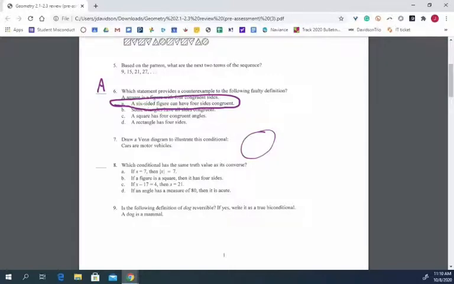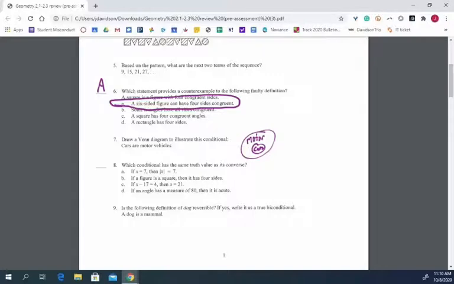So cars would be the specific thing inside of the more general circle, which is motor vehicles. Motor vehicles could be like boats and motorcycles and lawnmowers and ATVs. They have motors in them, they're vehicles.